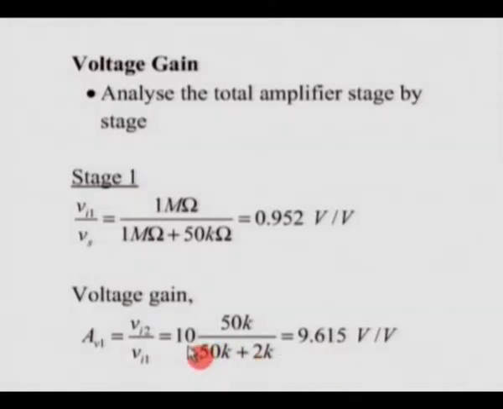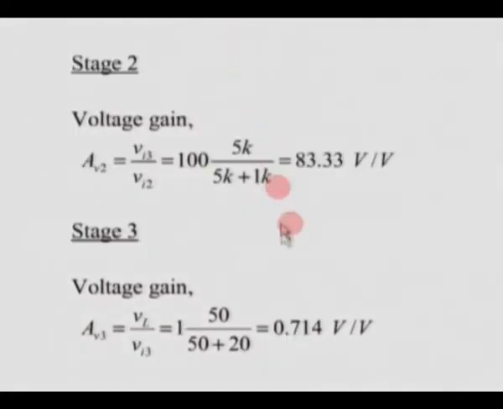So, the open circuit gain was 10. Because of this finite output resistance, the gain drops to about 9.6. Now, let us come to stage 2. The voltage gain of the second stage can be calculated from the output of the second stage to the input.